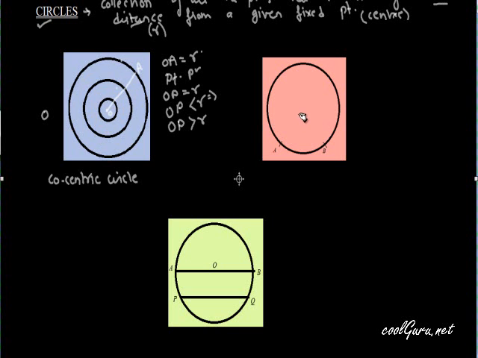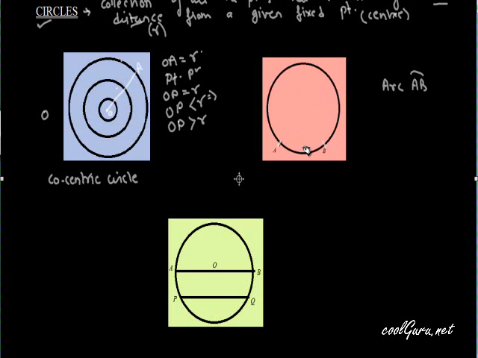Now coming to this figure, this length AB is called arc AB. What is an arc? Let A and B be any 2 points on the boundary or circumference of the circle. Then this circumference is divided into 2 parts by these 2 points. These parts are called arcs.